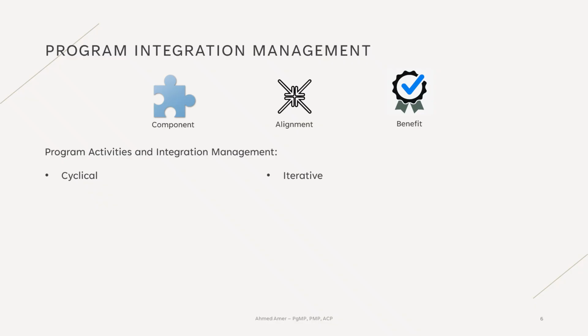This means that throughout the entire program lifecycle, we will repeatedly need an activity that identifies and defines new components that support the program's objectives. And it doesn't stop there. The same activity must also ensure that these components are unified and coordinated within the program's overall framework. This is program integration management.